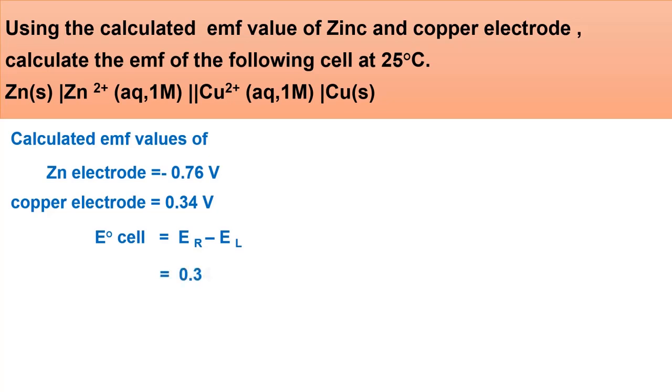By substituting the value, E right is 0.34 volt, minus E left, the zinc value, which is minus 0.76. So it is minus of minus 0.76 volt. By calculating, you get our answer: E cell is equal to 1.10 volt. So E naught of the cell is found using the formula E right minus E left, or E cathode minus E anode.